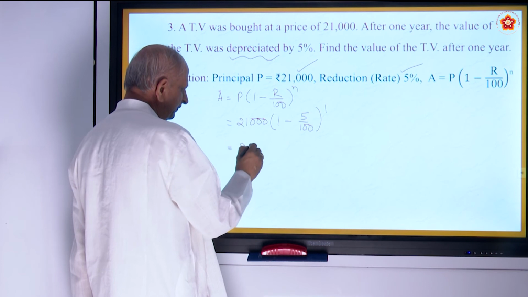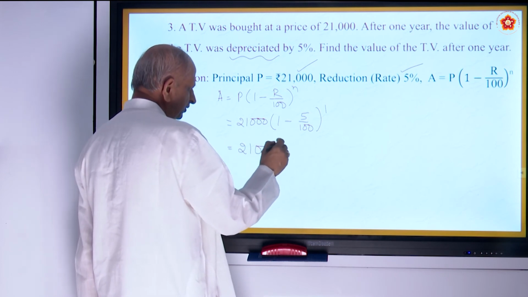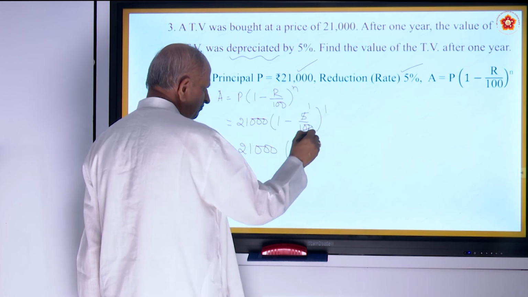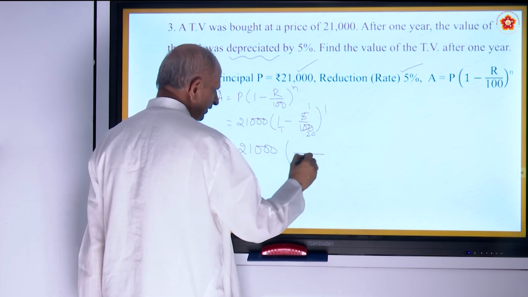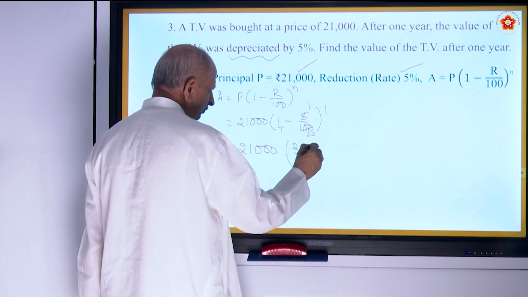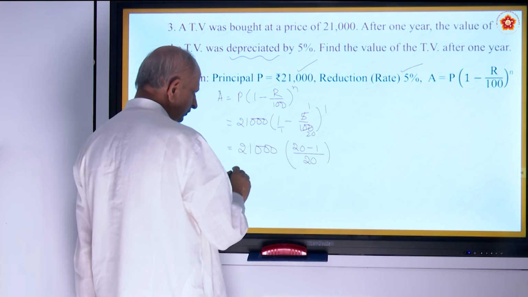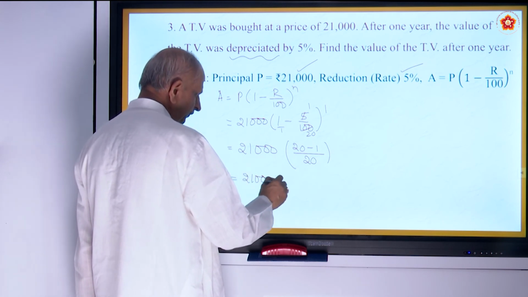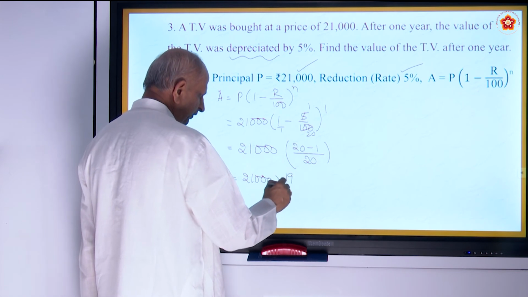So 21,000 into, this LCM is 5 1s are 5, 20s are 100, LCM is 20 and that is 20 minus 1. So 21,000 into 19 by 20, correct?